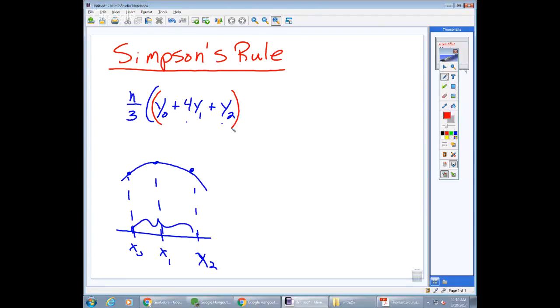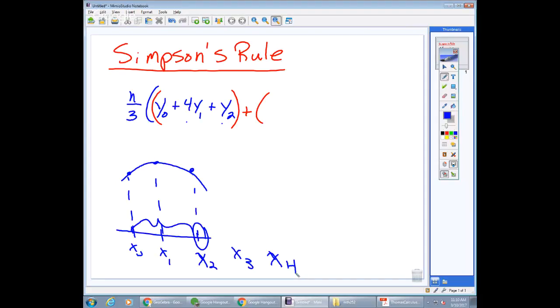And then you just keep moving along, and you grab the next group of y values. Well, the next group of y values has to start where the other one ended. So it's going to pick up with x2 and then x3 and then x4, which is going to lead to y2, y3, and y4.